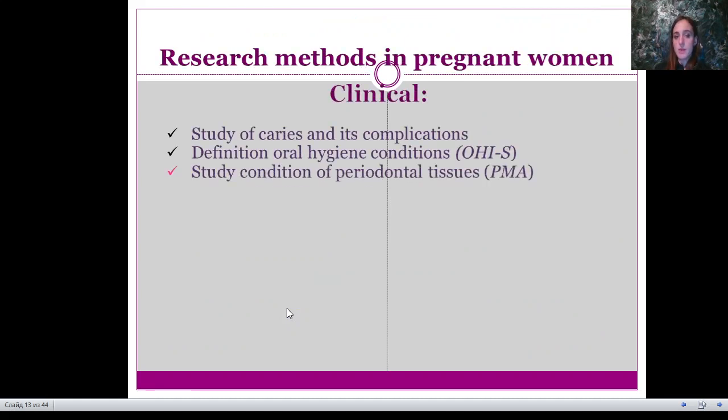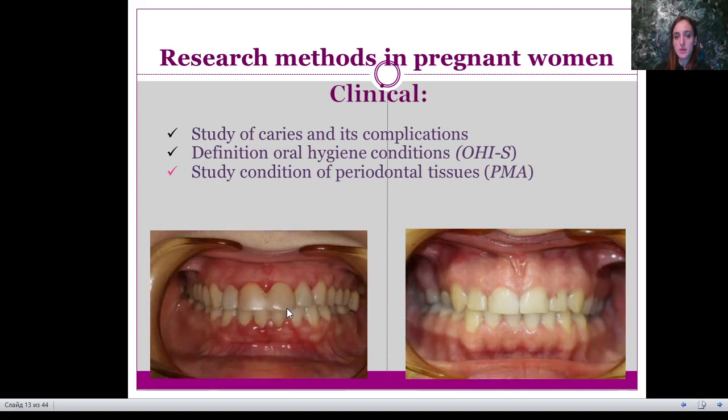And about the methods, we need to research methods in pregnant women, and first of all it's clinical methods: study of the caries, definition of oral hygiene, and study of the condition of periodontal tissues. Why periodontal tissues?